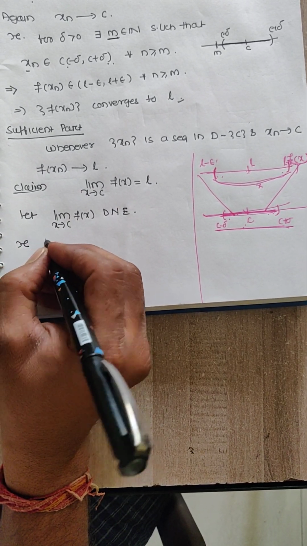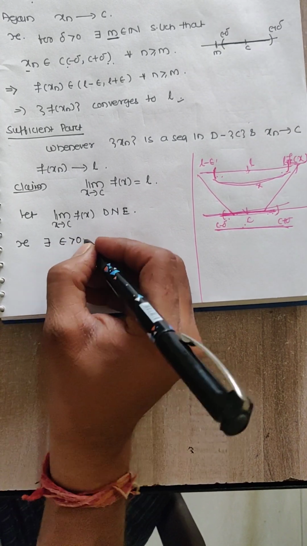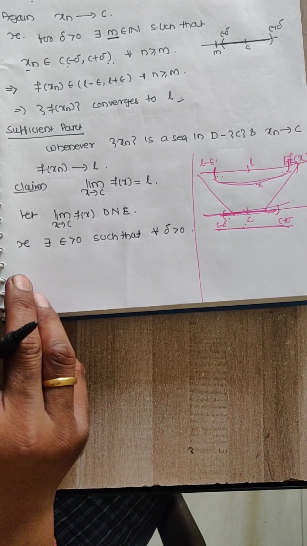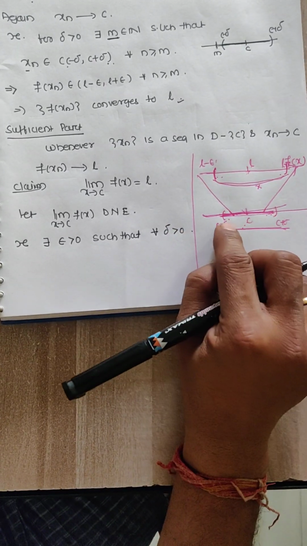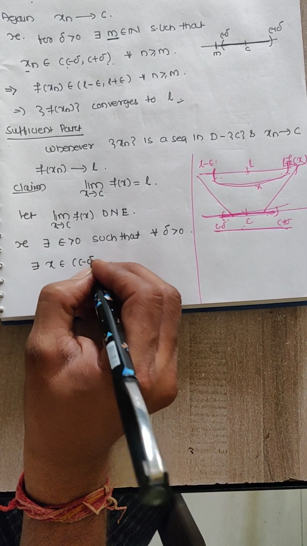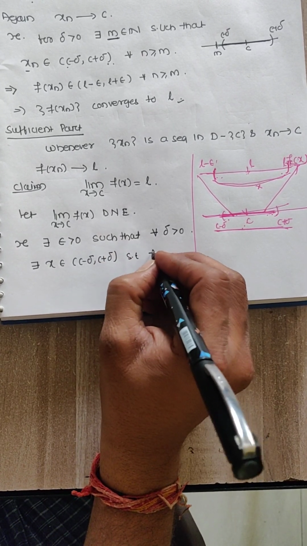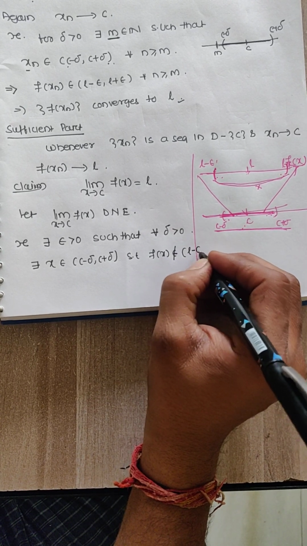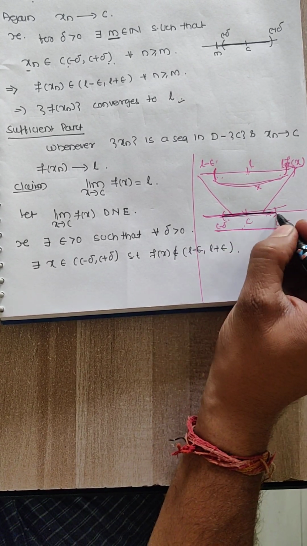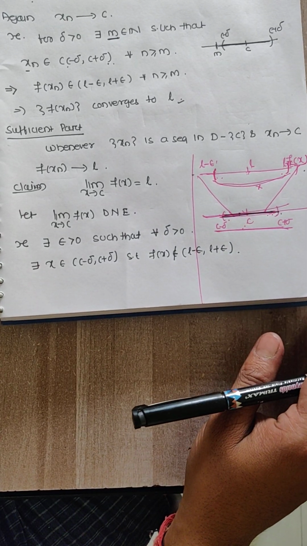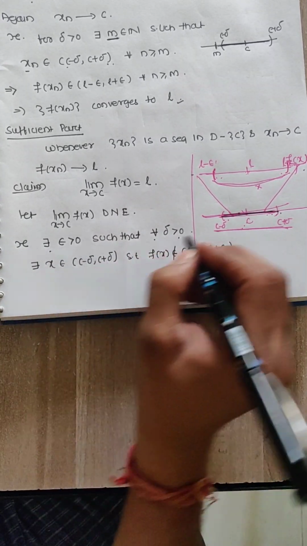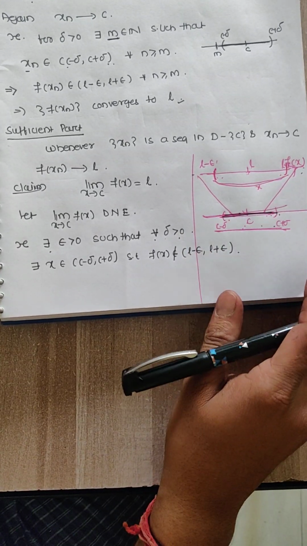That means there exists an epsilon positive such that for all delta positive, there exists some point x belonging to C minus delta to C plus delta such that f(x) does not lie in the epsilon neighborhood of L. Whatever delta you take, there exists a point in this neighborhood whose image lies outside that epsilon neighborhood of L.